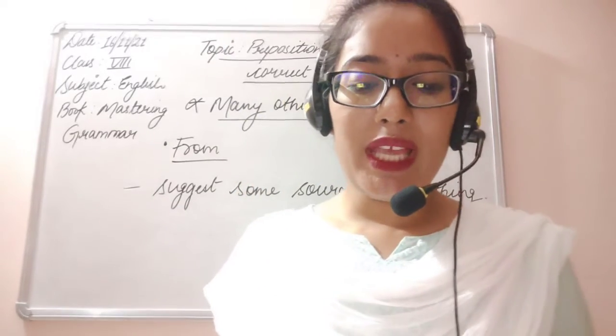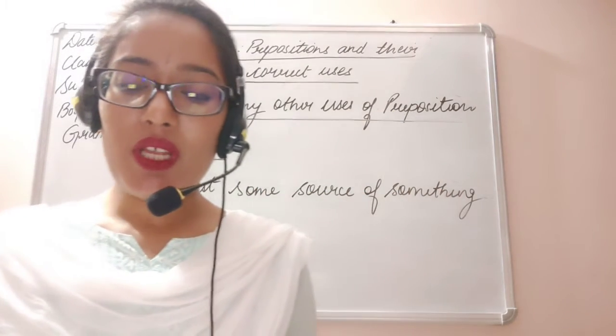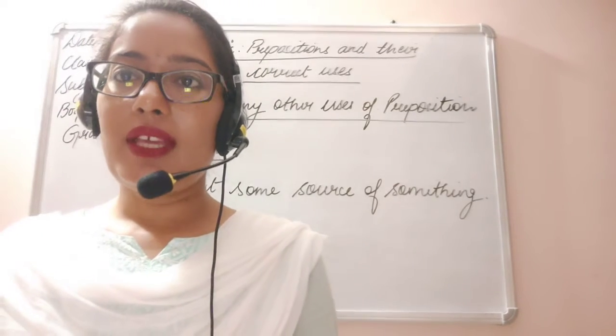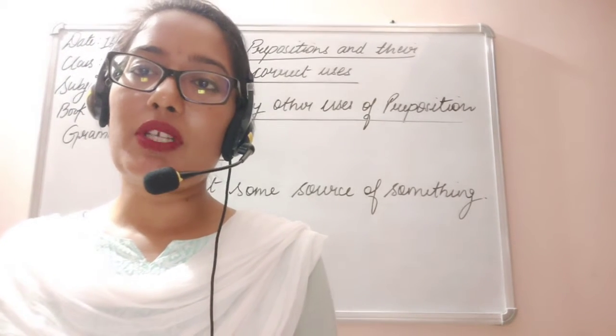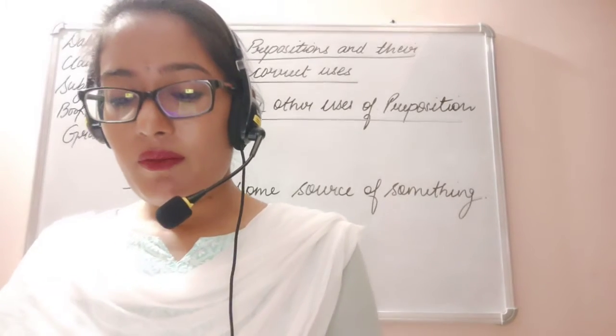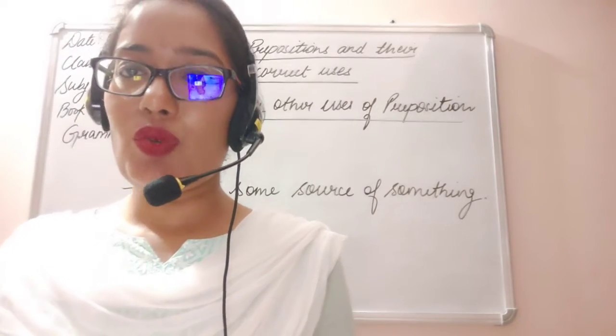Under is used with expressions like under treatment, under repair, under the impression, under control. So under is used for some particular expressions that have been mentioned in your books. So the class is under control.